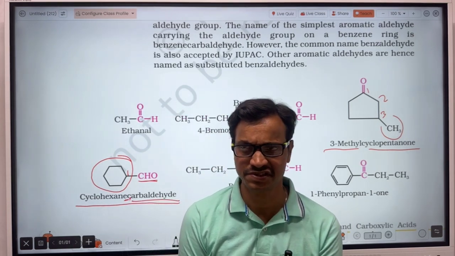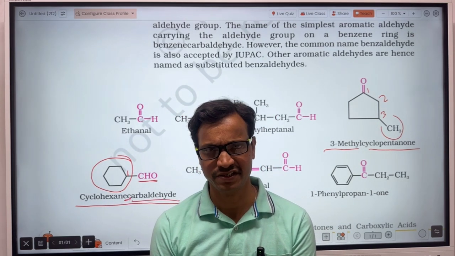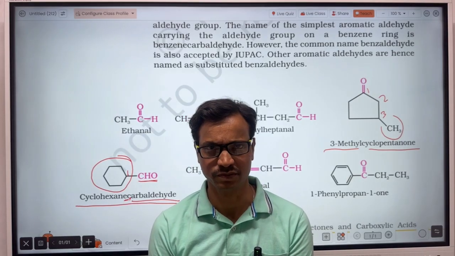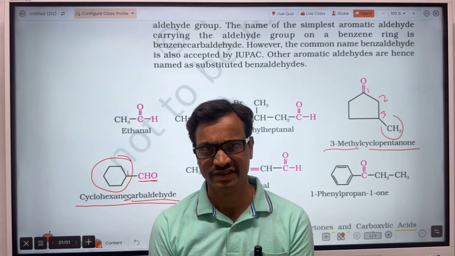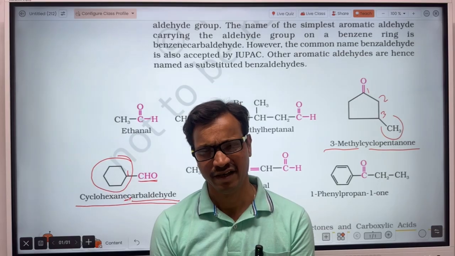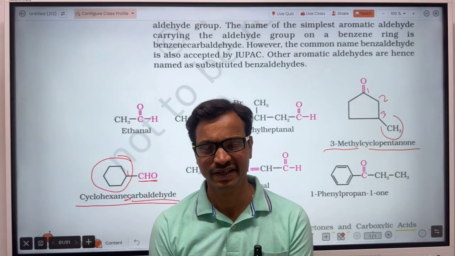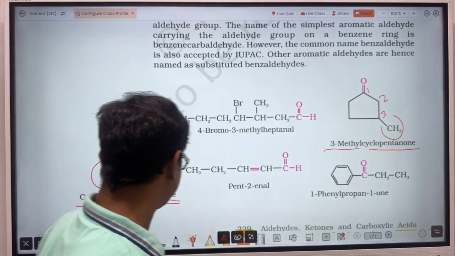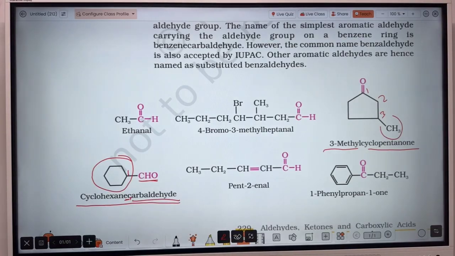Just in the general way, if the first letter of the functional group suffix is a vowel, then you replace the e, and when it is not, then the e is retained. That's why the name of this compound is cyclohexanecarbaldehyde.